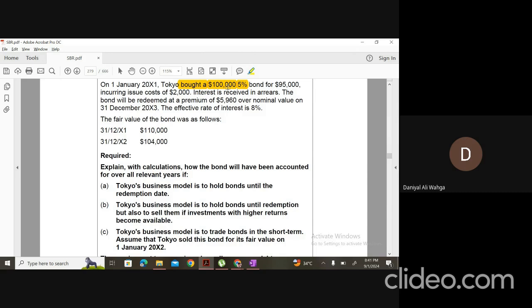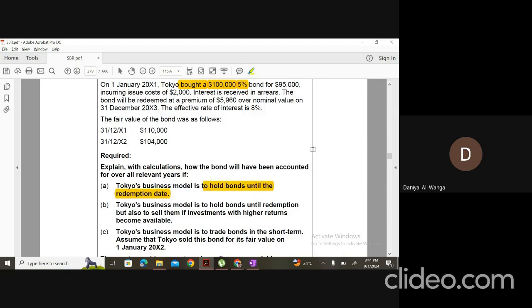And the fair value of the bond was as follows. On 31st of December 2001, it is $110,000. On 31st of December 2002, it is $104,000. What is required? Explain with calculations how the bond will be accounted for over the relevant years, if Tokyo's business model is to hold the bonds until the redemption date.